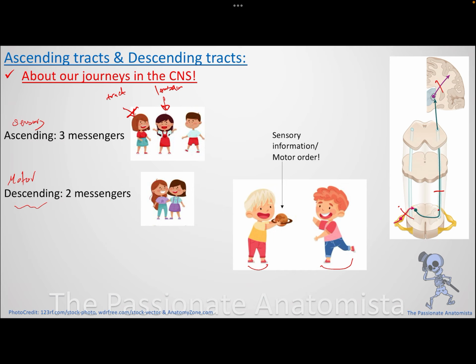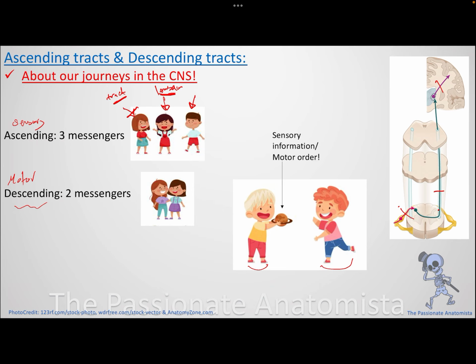So if I have a sensation, it's going to be taken to my brain in three steps: as a tract in the spinal cord, as lemniscus in the brainstem, and then in the posterior limb of the internal capsule, it's going to be taken to the cortex. Okay, that is going to be from the thalamus. We don't have a specific name for it. We can just say posterior limb of internal capsule.